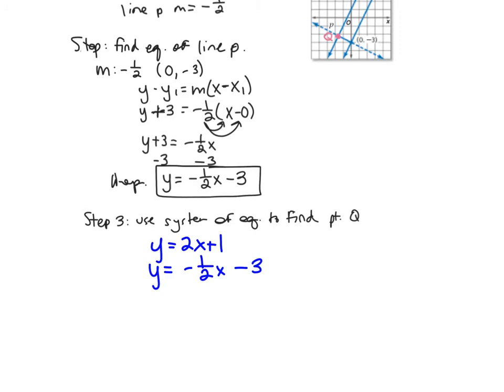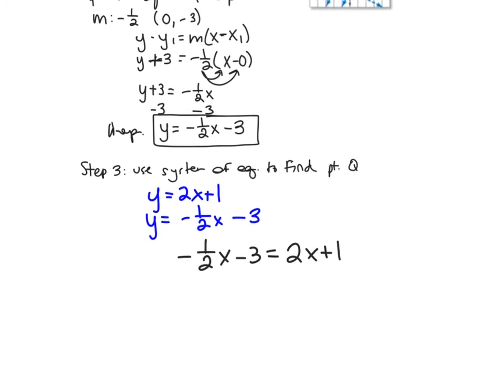For this system of equations, since we have an isolated variable y, we can just substitute in this equation for y. That gives us negative 1/2 x minus 3 equals 2x plus 1. Okay, this gives us one variable to solve for.